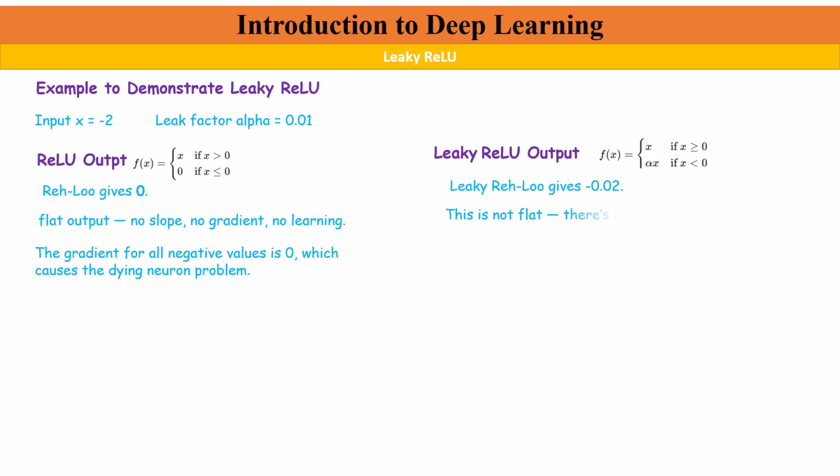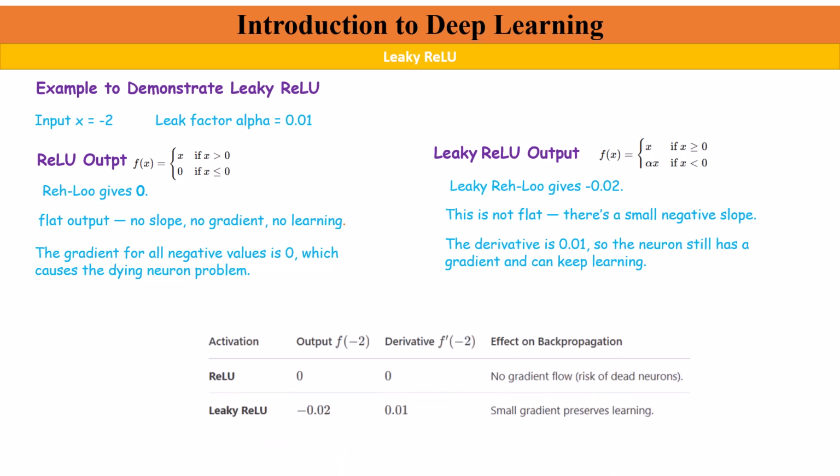This is not flat. There's a small negative slope. The derivative is 0.01, so the neuron still has a gradient and can keep learning. The computation is summarized in this table. As you can see, Leaky ReLU maintains a small but non-zero gradient for negative inputs as well, which helps preserve the learning process.